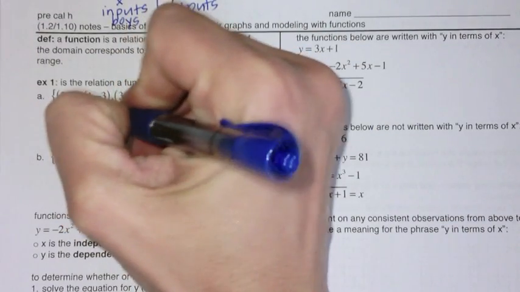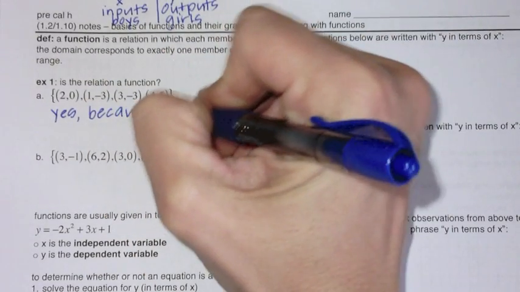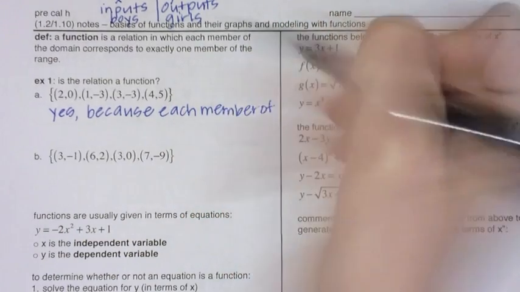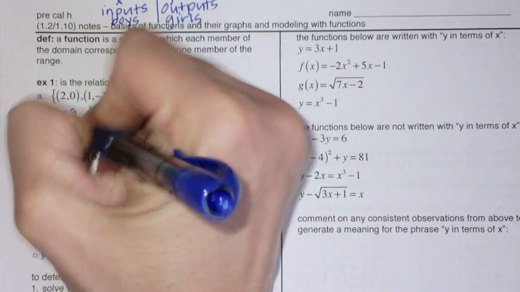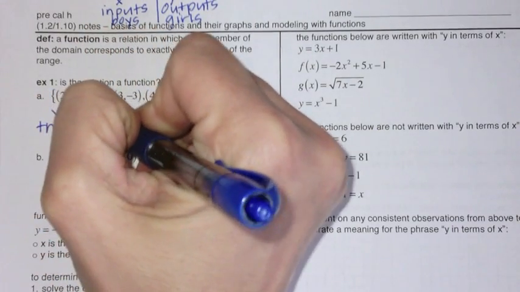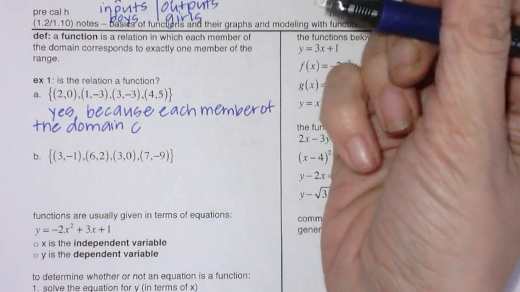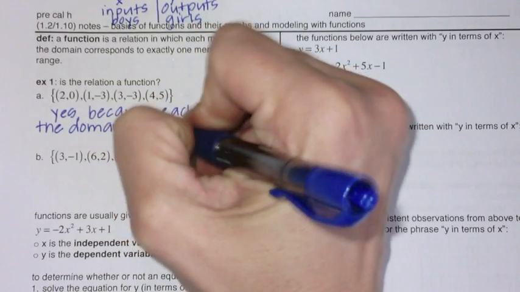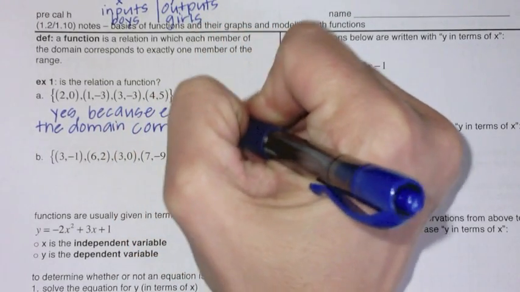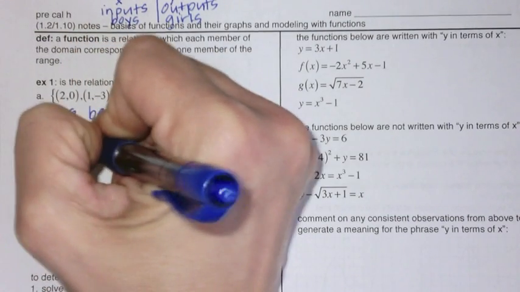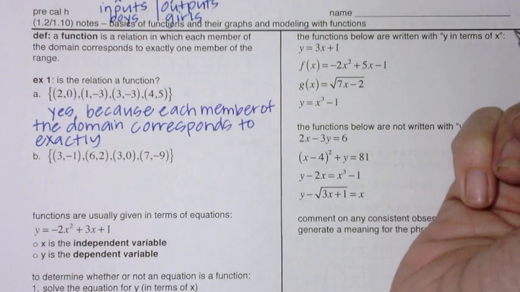Yes, because each member of the domain corresponds to exactly one member of the range. And you can see I got that wording from the definition, so just have something like that.